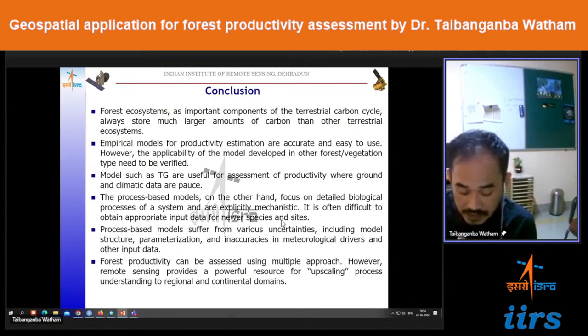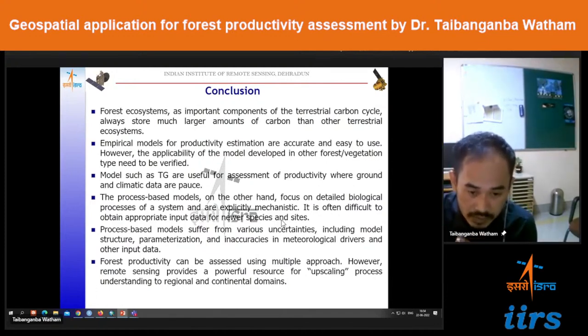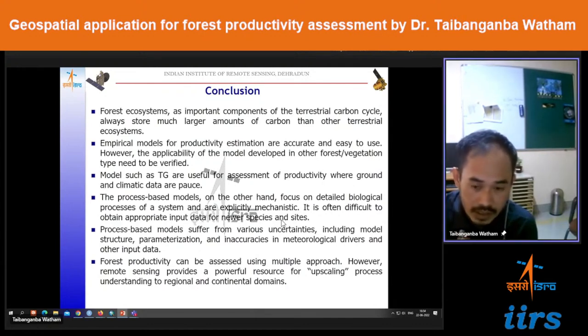Then in some cases some parameters have to be developed from the ground, for a particular site. So the input data requirement is tremendous, and without improving the input data or the parameters, we won't be able to get accurate results.